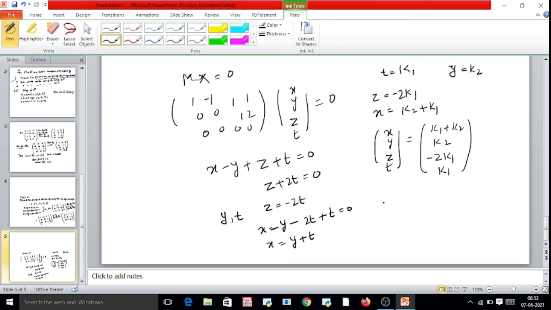So write it in the form of this: k1 times, here there is no k1, so this is 0, here -2k1, so -2, and here k1, so write 1, plus k2 times, here k2, and here there is no k2, so it is 0, and here it is also no k2, so it is 0.